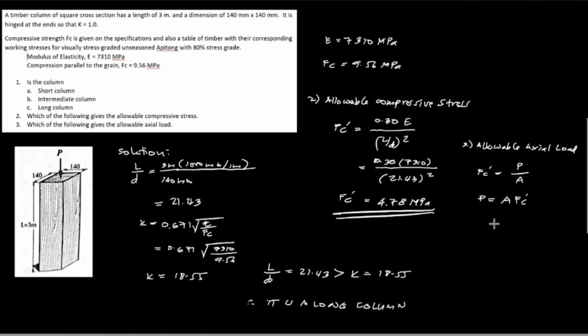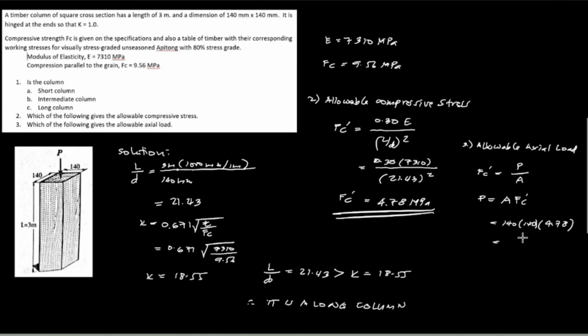And the cross section of the column is 140 millimeter by 140 millimeter. 140 times 140 is the area of the cross section, and multiplied by Fc prime, 4.78 megapascal.